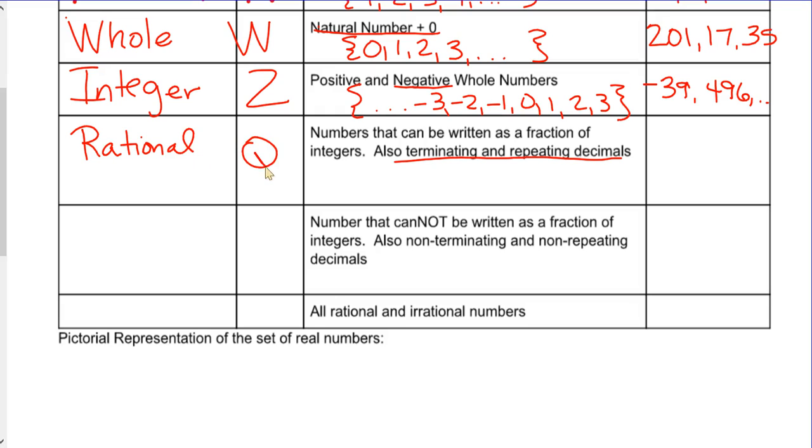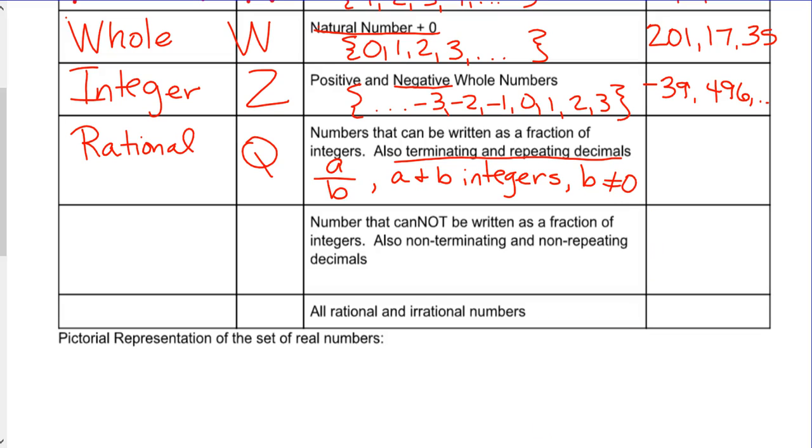And again, it has a different letter. It's going to be a Q. And I'm going to give an a over b form where a and b are integers. And we have a fraction here, so we also want to make the condition that b is not equal to 0.